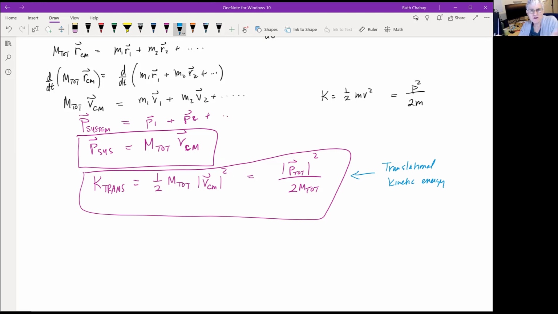But as we see with the Frisbee or with that rotating dumbbell that we saw in that first animation, that's not the whole story, right? So we need to get the total kinetic energy. We need the translational kinetic energy plus this kinetic energy relative to the center of mass, so vibration, rotation.